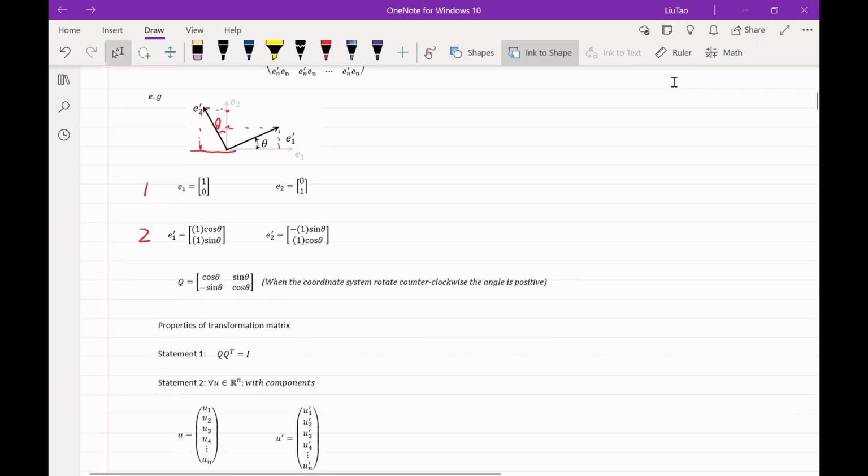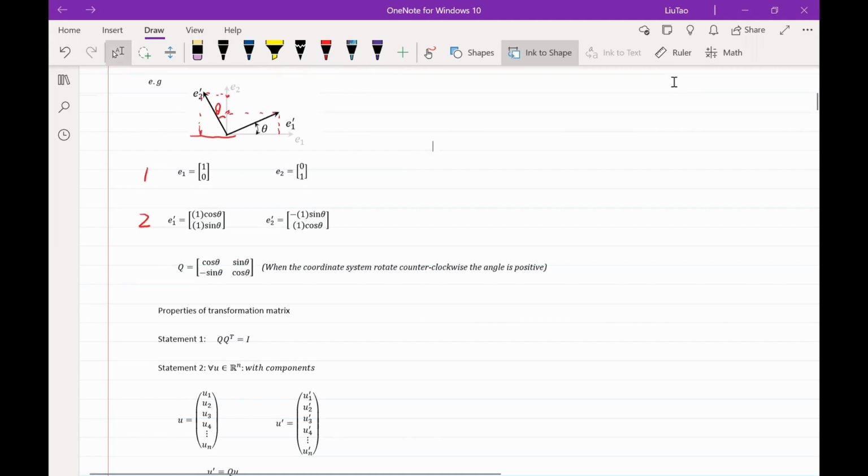Now the transformation matrix: Q11 is E1 prime times E1, which is cosine theta, and Q12 is E1 prime times E2, so it's sine theta.